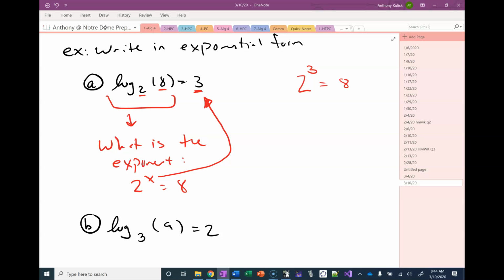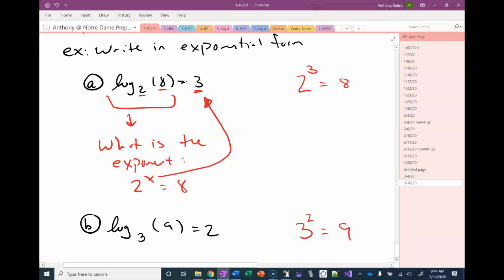Okay. So which one of these three numbers is the base of my exponential? 3, 9, or 2? 3. Great. What's the solution to this exponential equation? 9 or 2? 9. And what's the exponent in this exponential equation? 2. And does this make sense? Is 3 squared equal to 9? Yes. What do you guys think?